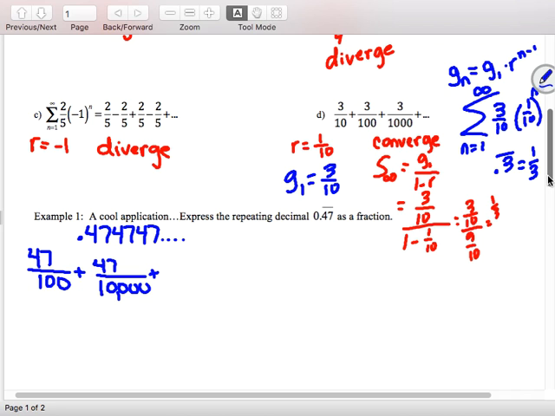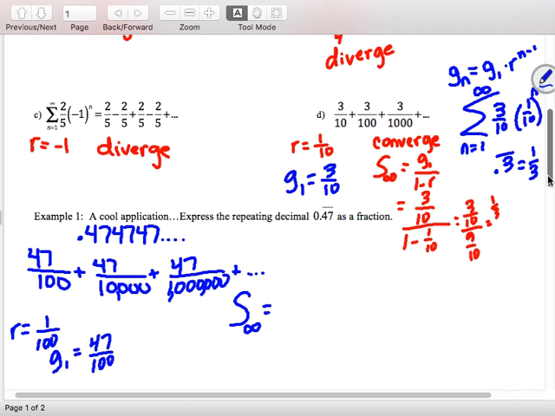And then the third pair of 47, I'm going to now have 1, 2, 3, 4, 5, 6 zeros. So what is R here? What am I multiplying by to get the next fraction? 100, right? 1 over 100, and I have G sub 1 is 47 over 100.